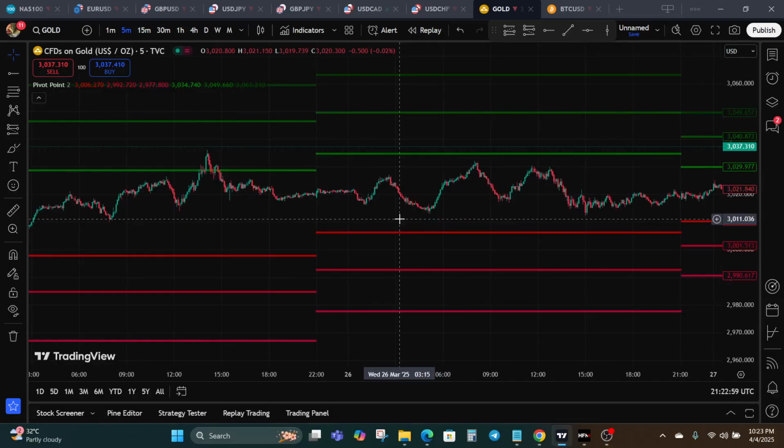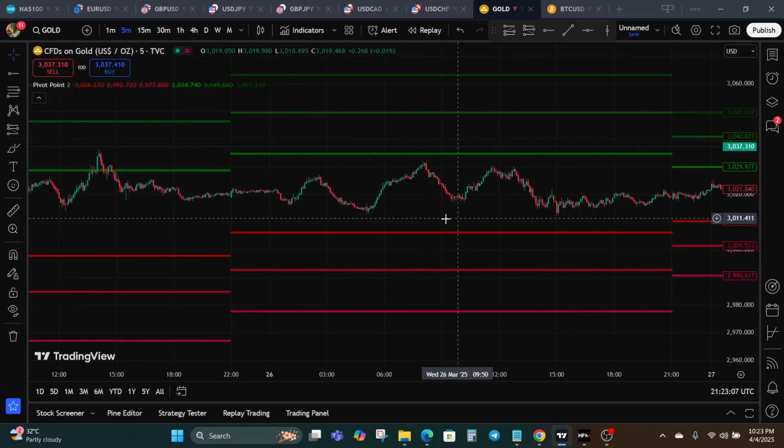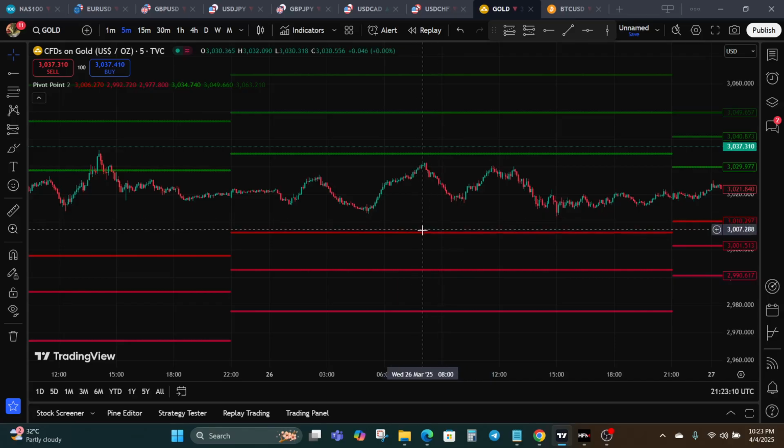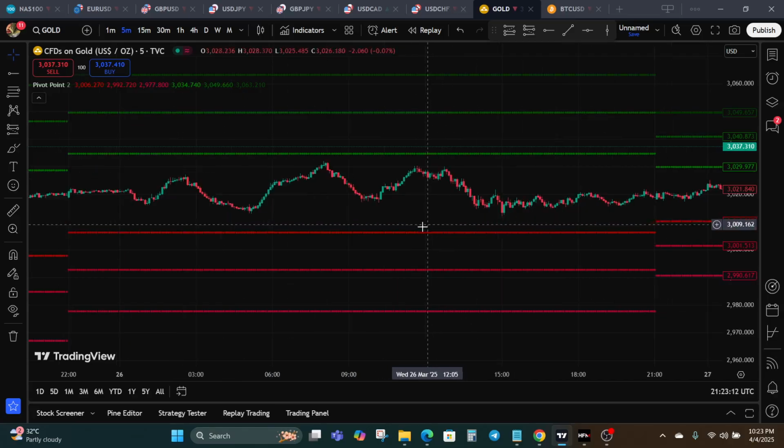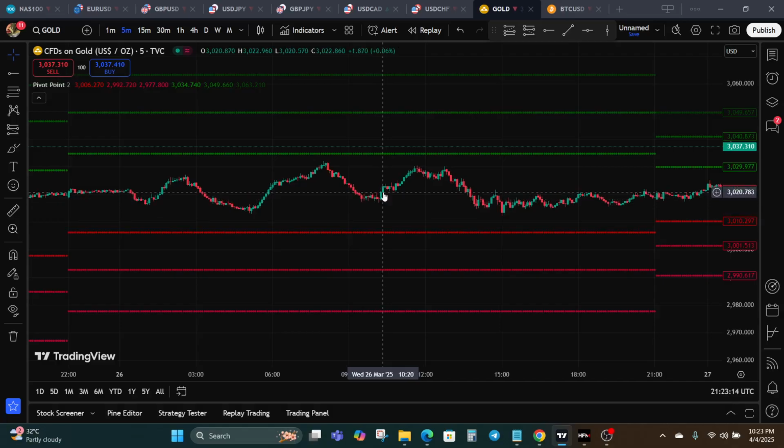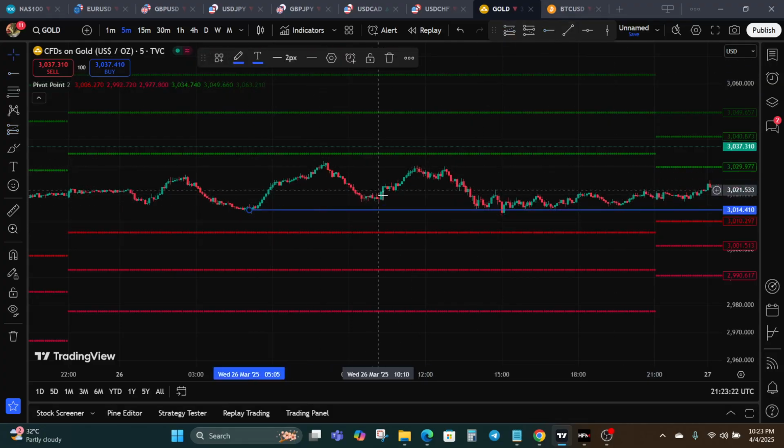So just imagine the market opens and quickly drops to S1. Price touches S1, forms a double bottom, and we see a strong bullish candle close above the previous week. That's going to be an entry signal. Stop loss goes just below the support zone. This was where the S1 was.